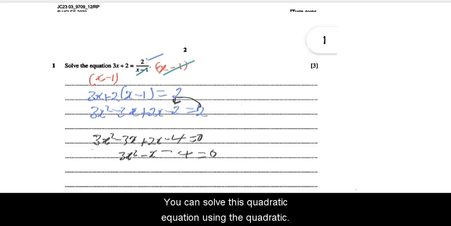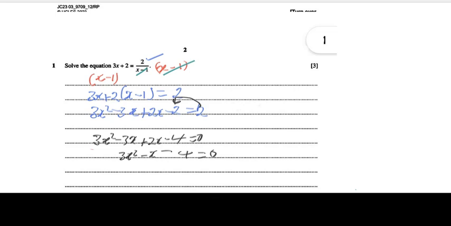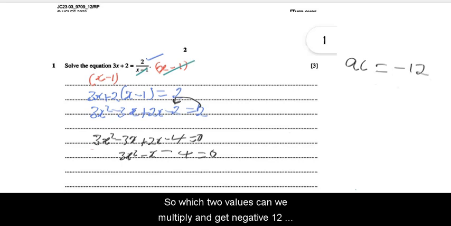We can solve this quadratic equation using the quadratic formula, or we can solve by factorization. We can look at what is AC. AC is 3 times negative 4, which gives us negative 12, right? Which two values can we multiply and get negative 12, and add them and get B, which is negative 1?